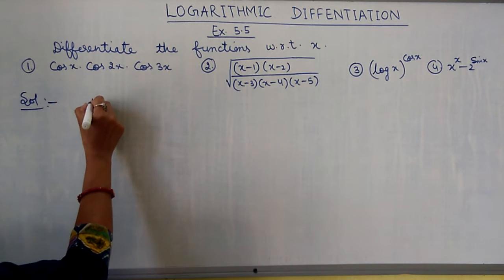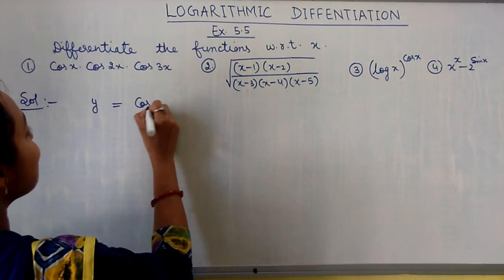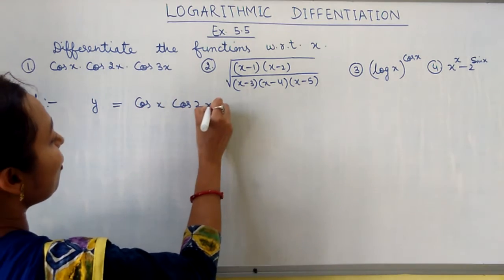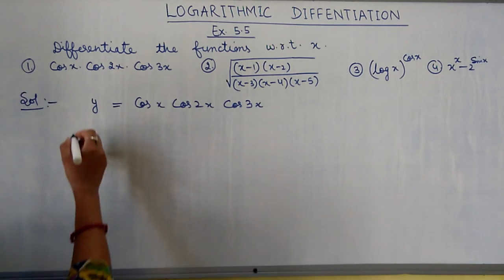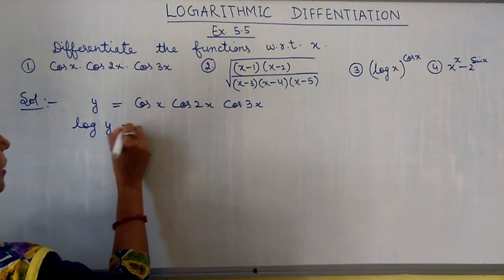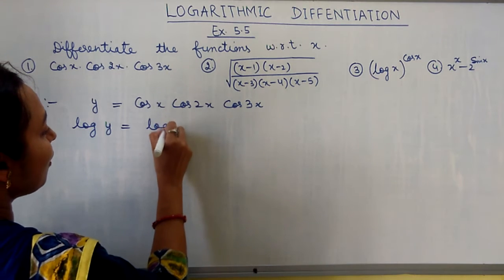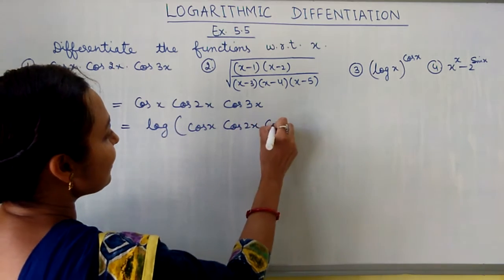The first question, you have to take it as y equals cos x cos 2x cos 3x. Okay. Now apply log on both sides. When you apply log, log y is equal to log of cos x cos 2x cos 3x, right?